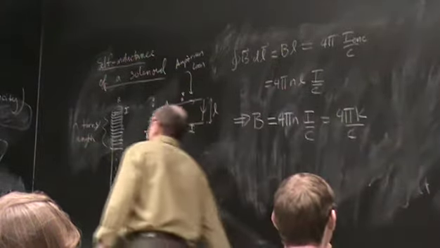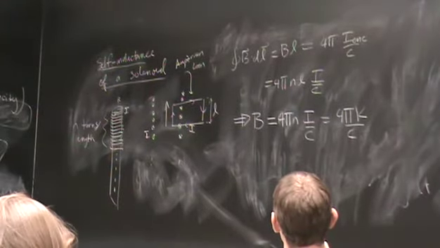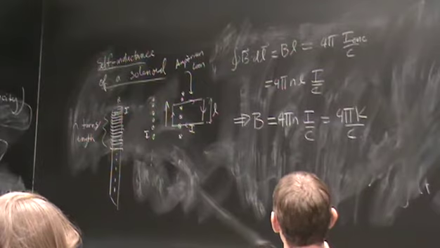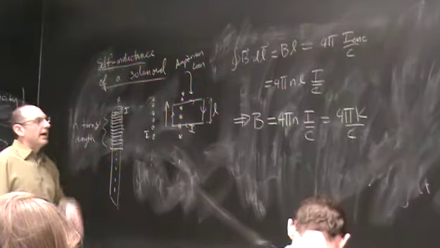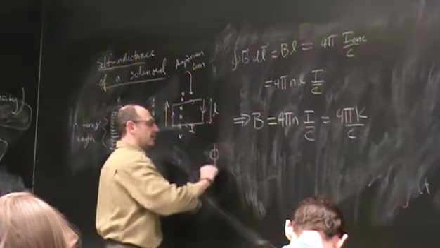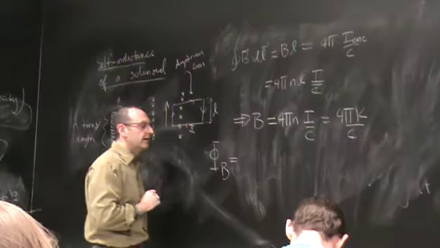All right, so what's the self-inductance of the solenoid? We've now got to just multiply this. The flux of the magnetic field, right, is what?